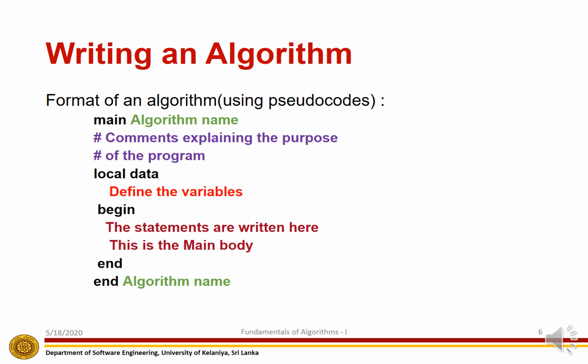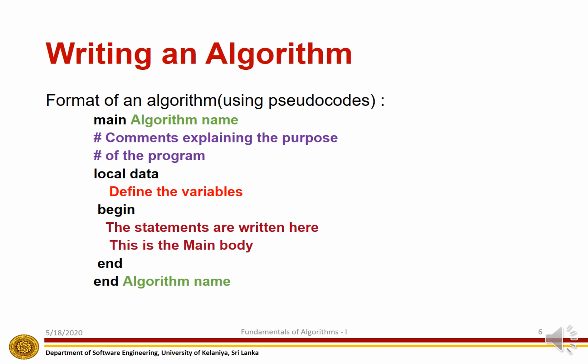So in the next line after the algorithm name, we put a hash and explain the purpose of the problem or algorithm in one or two lines. Then other people can understand what the algorithm is about. That's why we use comments, to give others an idea of what we wrote.